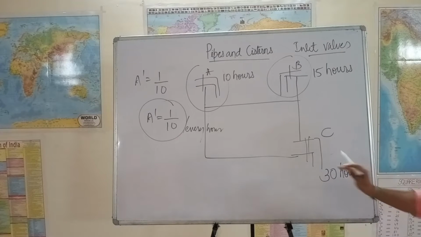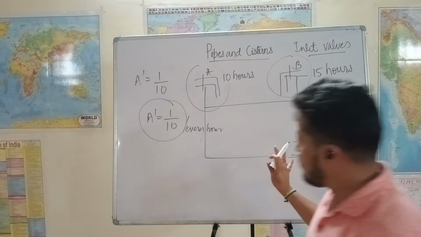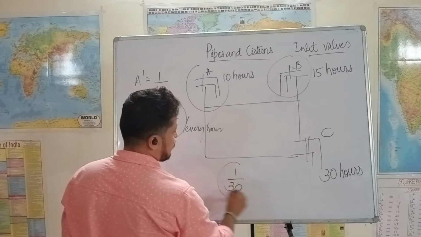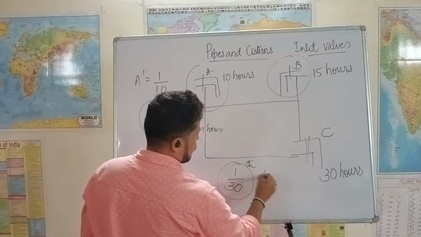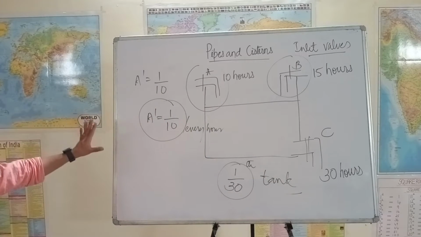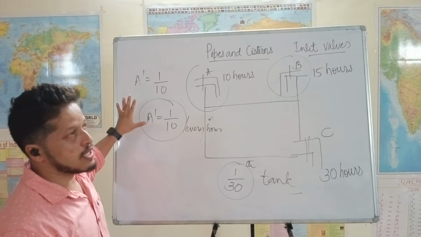If the outlet valve C can empty the tank in 30 hours, that means every hour it empties 1/30th of the tank. So the overall concept is exactly the same as time and work. So we'll solve some questions to understand this.